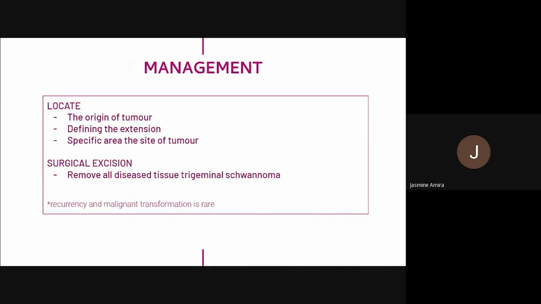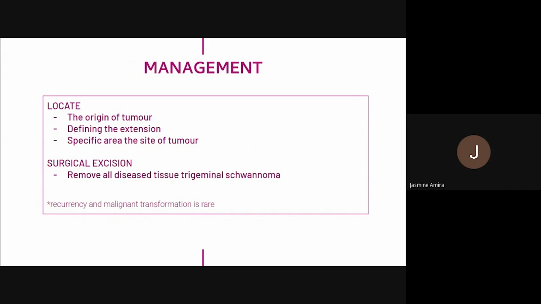Okay, discussing neurilemoma, the management of this tumor is firstly to locate the tumor. So it requires special investigations such as radiography, CT scan, or MRI to define the extension of the tumor as well as to locate the specific site of the tumor.